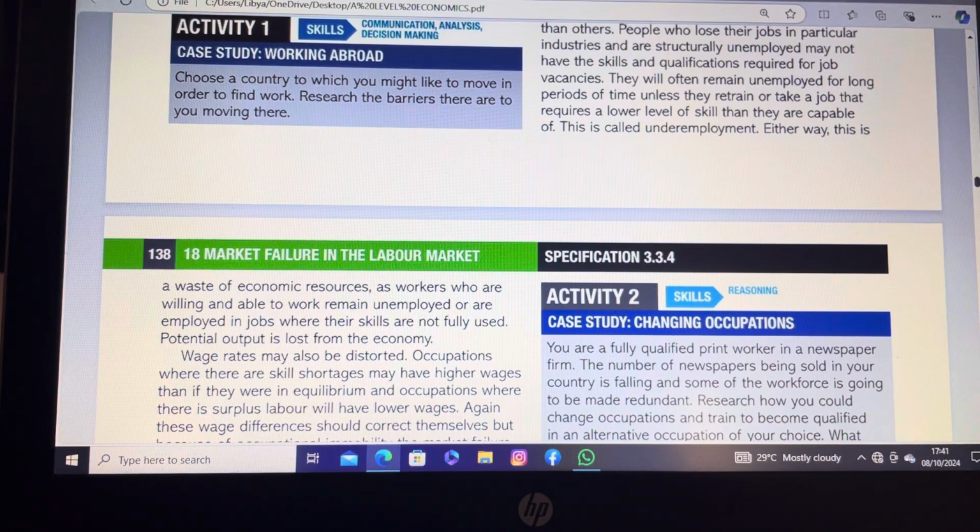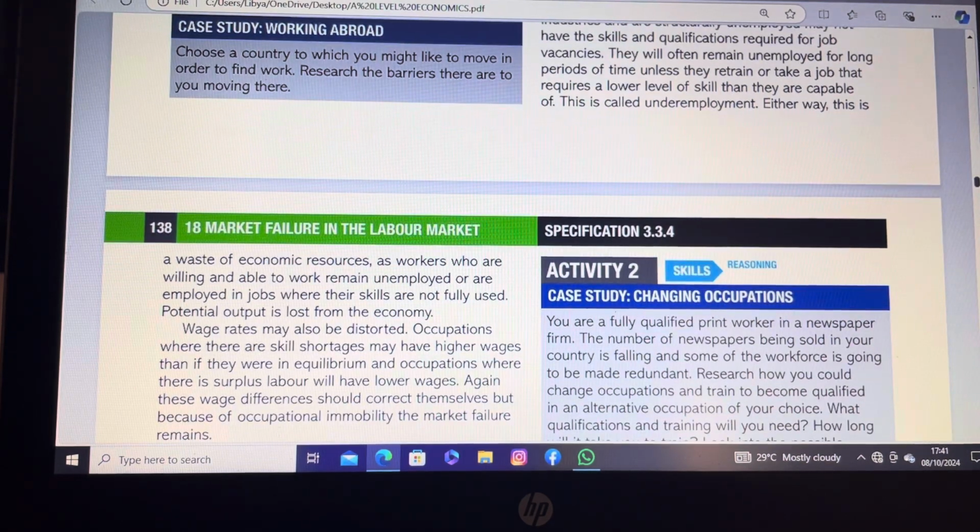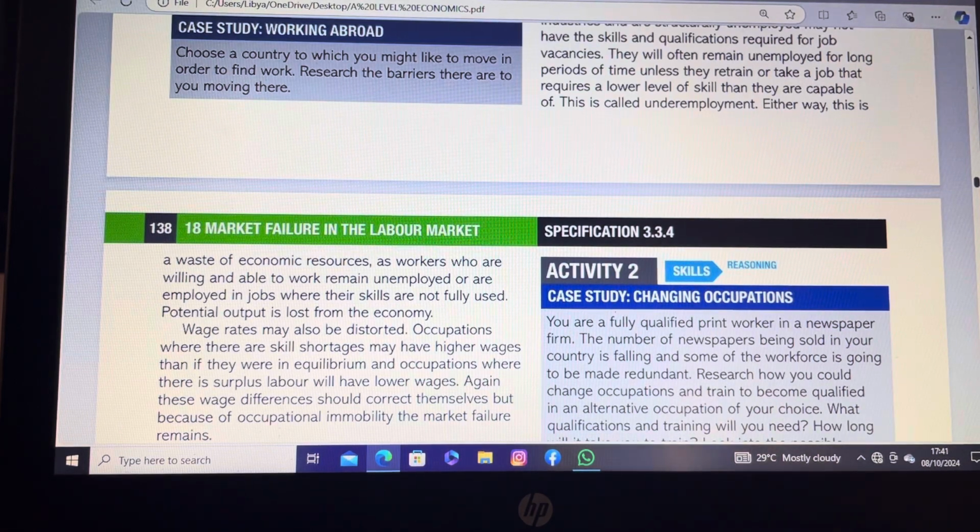So that's the first. They said waste of economic resources, as workers who are willing and able to work remain unemployed or employed in jobs where their skills are not fully used. Potential output is lost from the economy. The wage rate may also be distorted because occupations where there are skill shortages may have higher wages, and occupations where there is extra or more supply of labor may have lower wages.